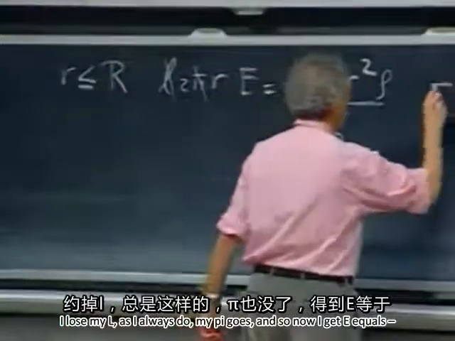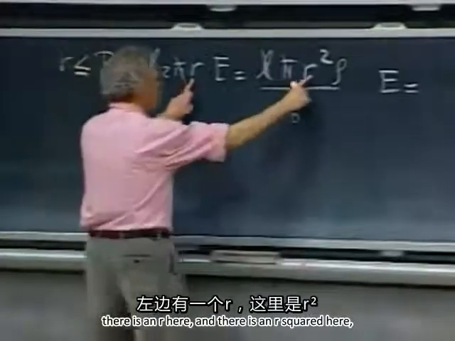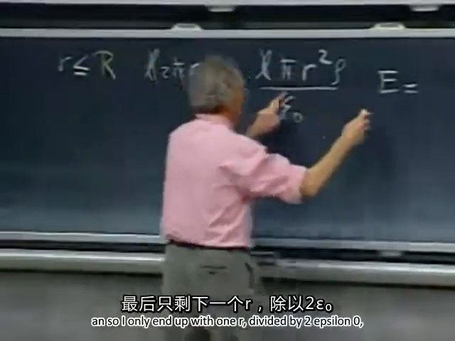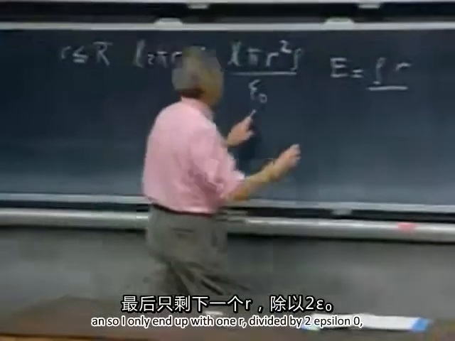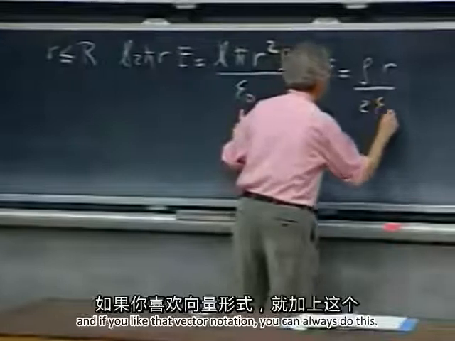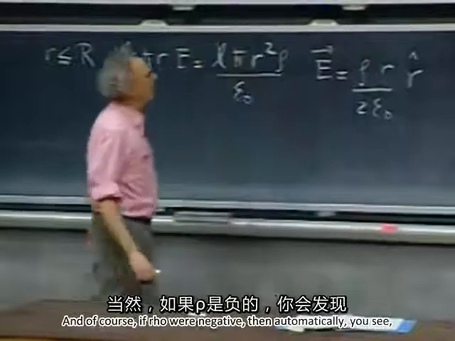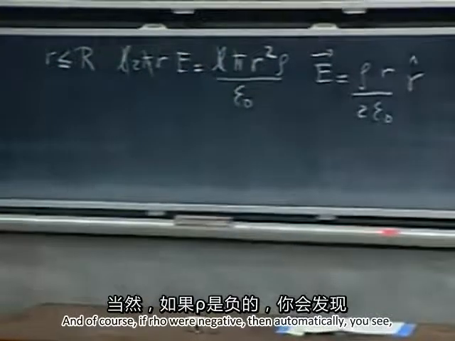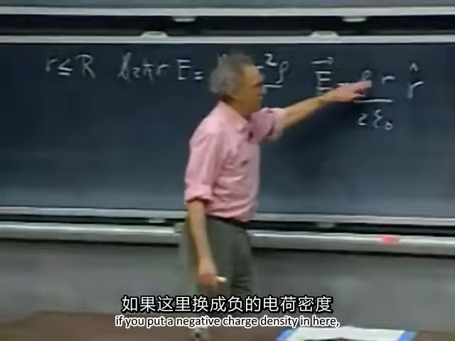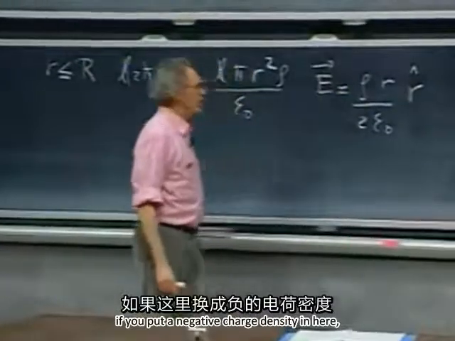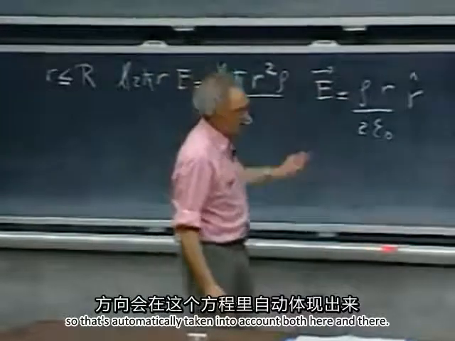And so now I get E equals, there's an r here and there's an r squared here, and so I only end up with 1 r, divided by 2 epsilon 0. And if you like that vector notation, you can always do this. And of course, if rho were negative, then automatically, if you put a negative charge density in here, then the E field flips over. So that's automatically taken into account both here and there.